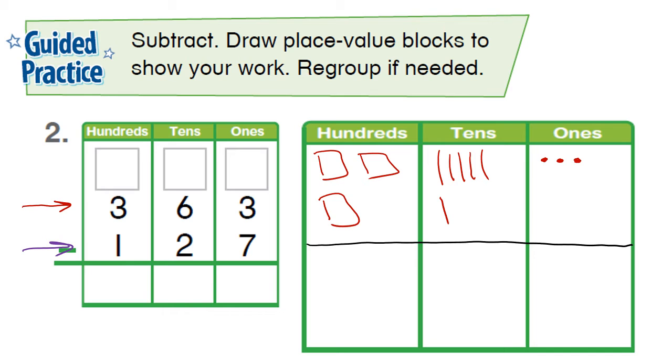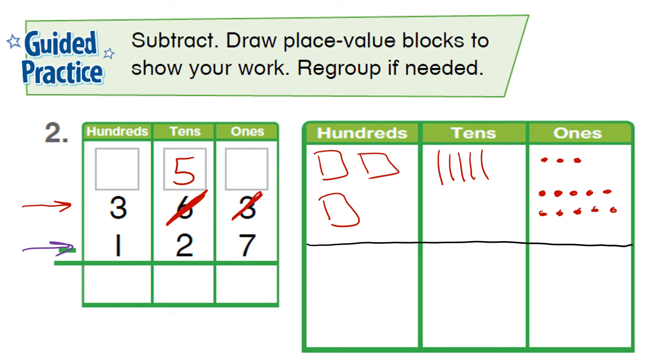Can we take 3 minus 7? Can we take 7 units from 3 units? No, we cannot. We have to regroup. We're going to take a 10, and we're going to exchange it for 10 units. So we started with 6 rods, 6 tens, and now we have 5.